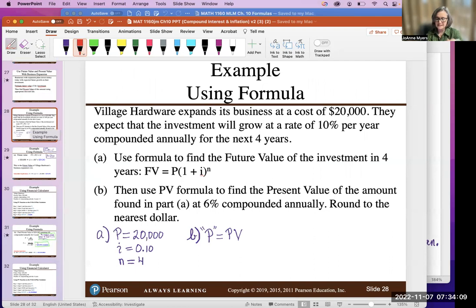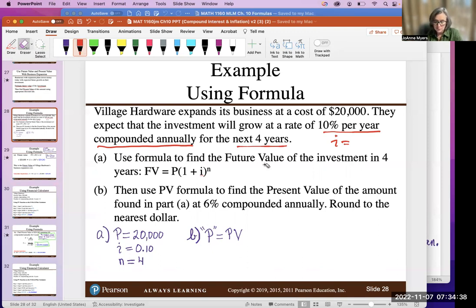Village Hardware expands its business at a cost of $20,000. They expect the investment will grow at a rate of 10% per year compounded annually for the next 4 years. So that's telling me my interest rate, and then for the next 4 years, I'll get it on the next page.